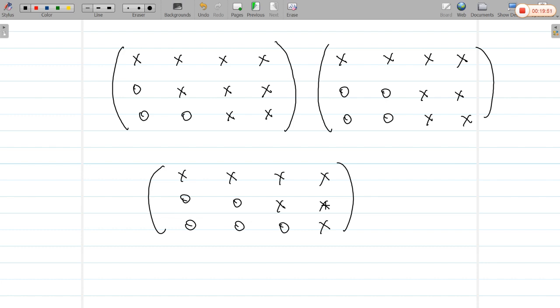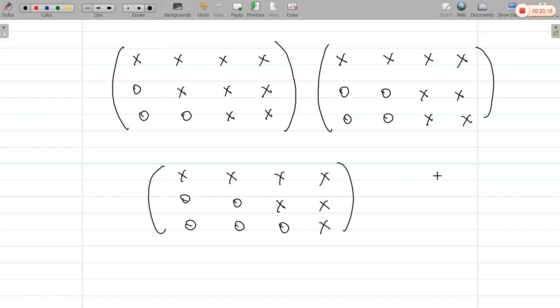Now I will give you the definition. So far I have not discussed what we mean by rank. The definition of rank is the number of non-zero rows. What do you mean by non-zero rows?